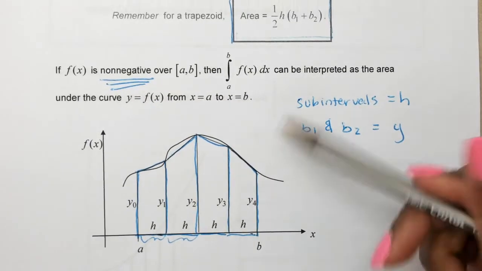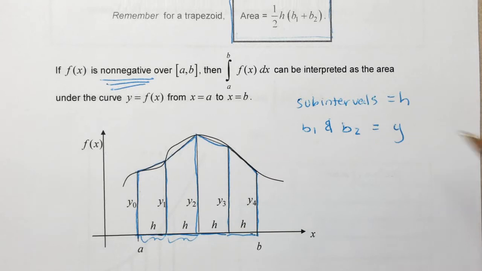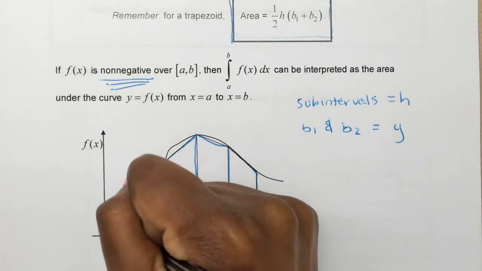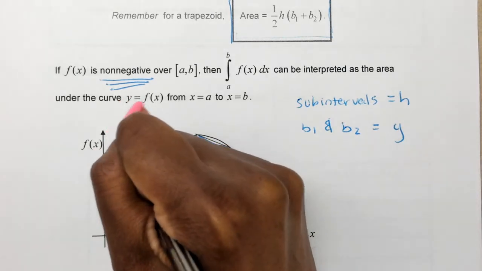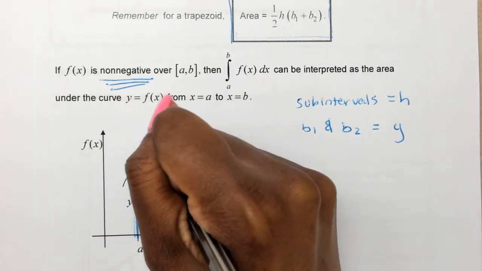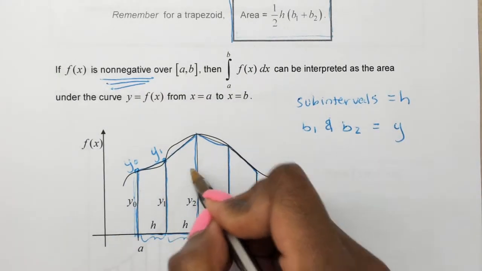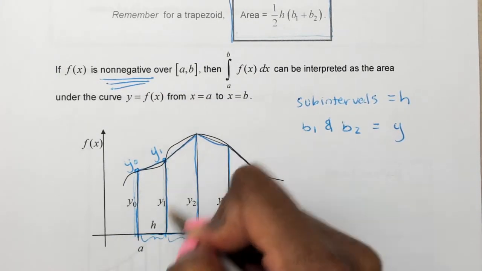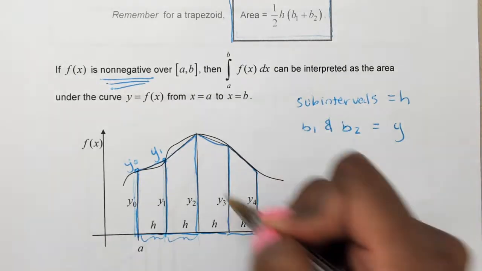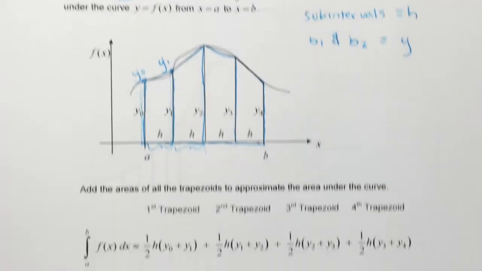The base 1 and the base 2 of my trapezoid are considered my y values. Base 1 here would be whatever y is there. Base 2 here would be whatever y is there. And then for this trapezoid, you have base 1 here, base 2 here, and so on and so forth.